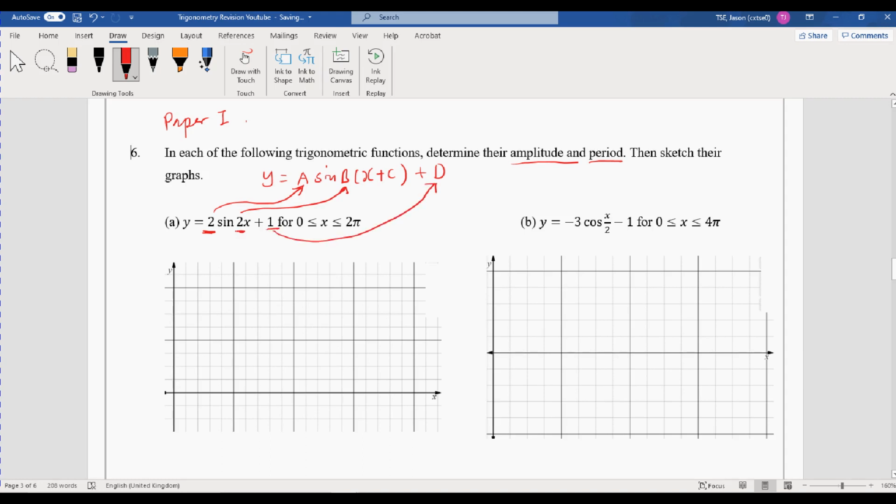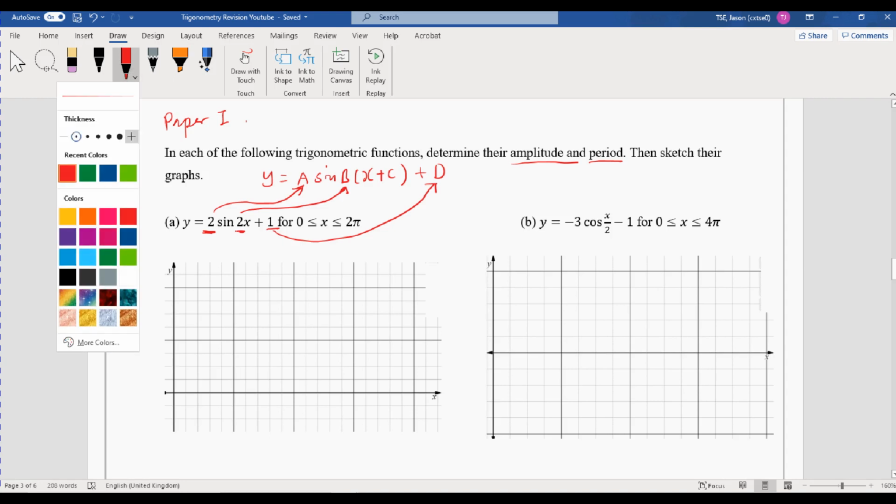You need to go back to the PowerPoint to see the meaning of those letters. How can we use them to sketch the graph? What should be the first step? First step, you need to think about that D value, which is 1. This D value is what we call the equilibrium position.